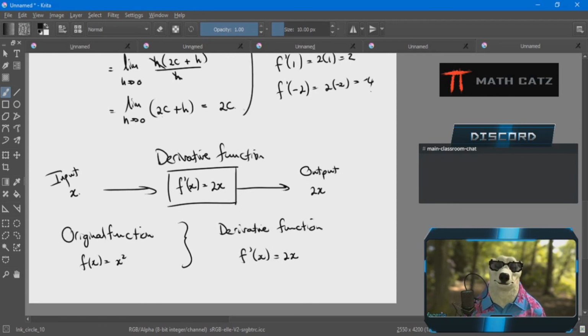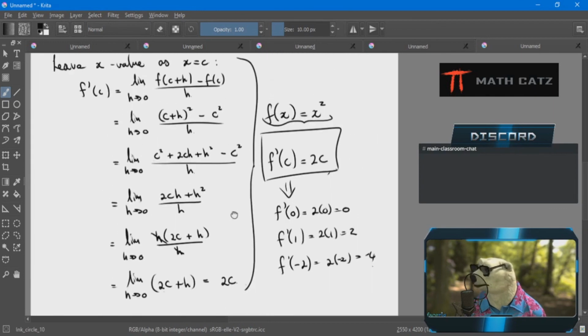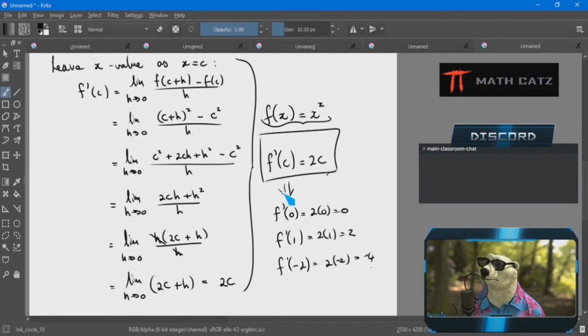And the function aspect of the derivative allows me, if I can find this function like I did up here, to get around the limit definition, the limit calculation, that technically you have to do every time.